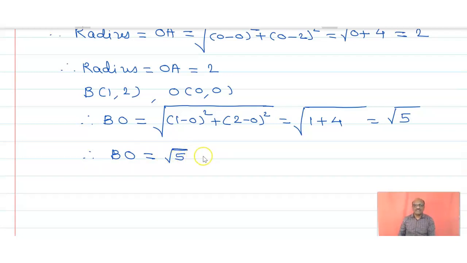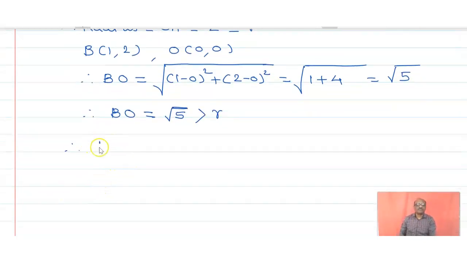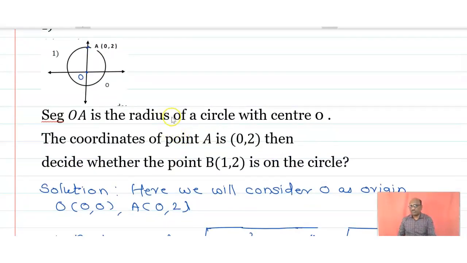And this distance is greater than the radius of circle. Okay. And therefore, point B is not on the circle. Okay. कुठे असेल तो? It must be in the exterior part of the circle.